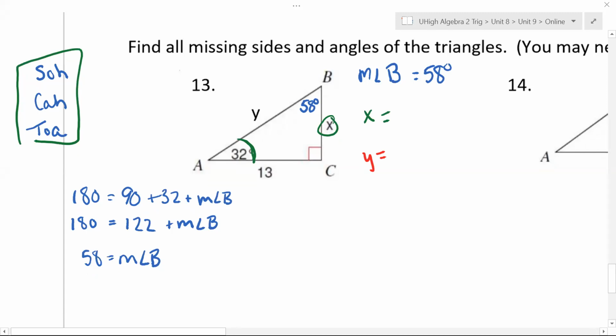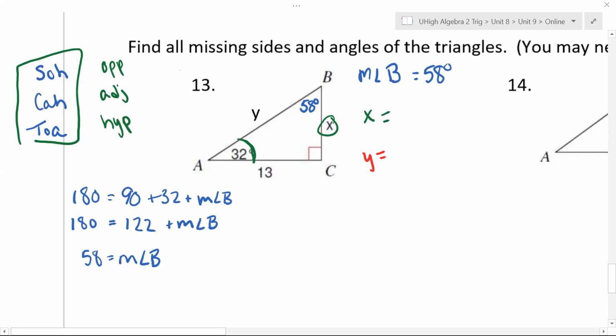So when I'm looking at this, I want to remind myself SOHCAHTOA. I have an opposite side, an adjacent side, and a hypotenuse.